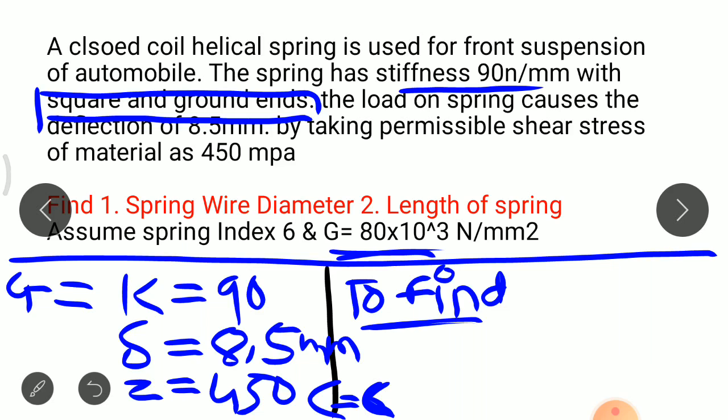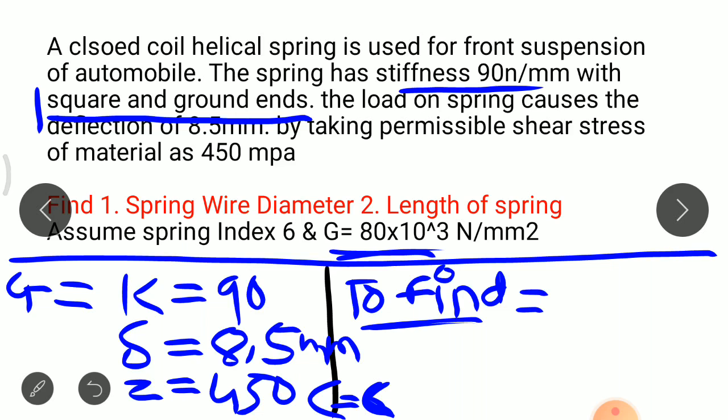So we will write here n dash is equal to n plus 2. This is the condition because in the problem the spring is square and ground ended, so we will use n dash equal to n plus 2. So the number of inactive turns is equal to 2 here.